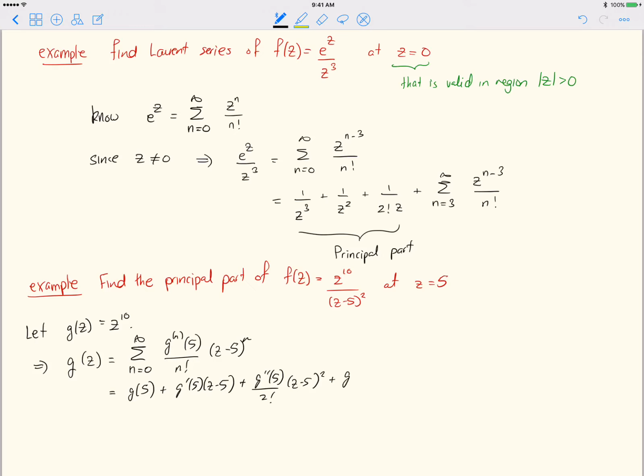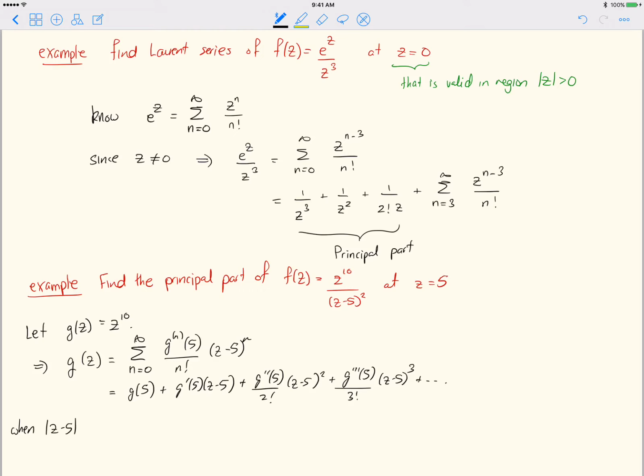And going on with that pattern, I can see the fourth term would be third derivative at 5 over 3 factorial z minus 5 cubed, etc., etc., right? Goes on forever.